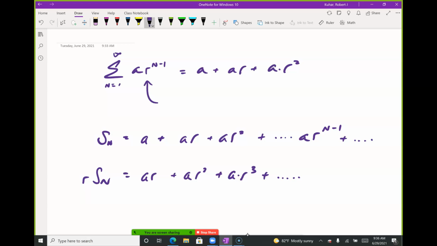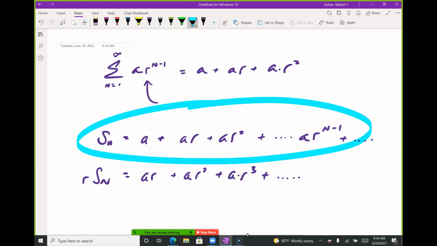When I multiply that very last term in blue here by r, what happens to the power? r to the what? n. r to the n. And the one right before it is plus a times r to the n minus 1.